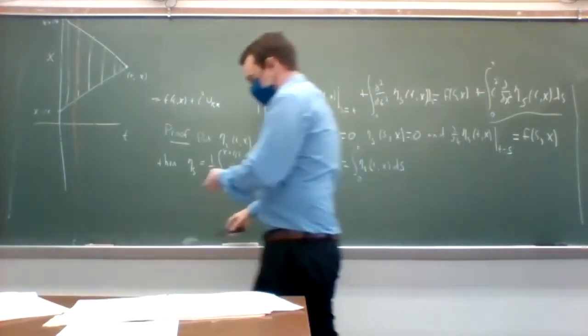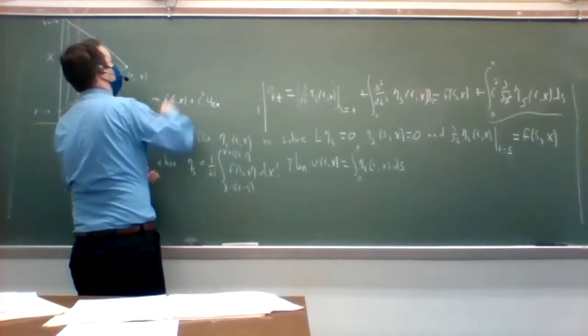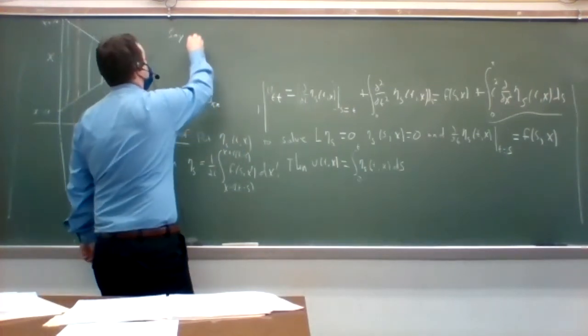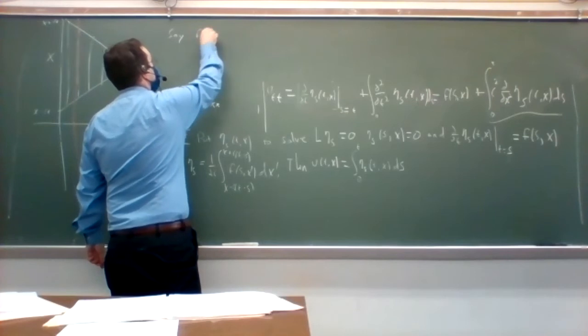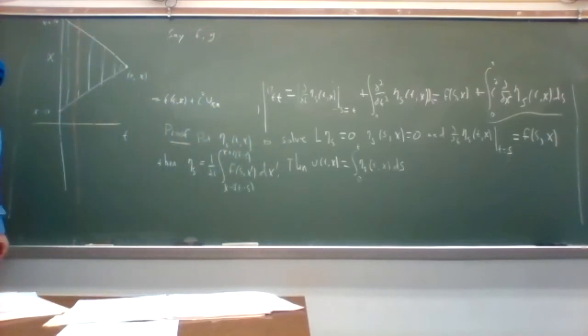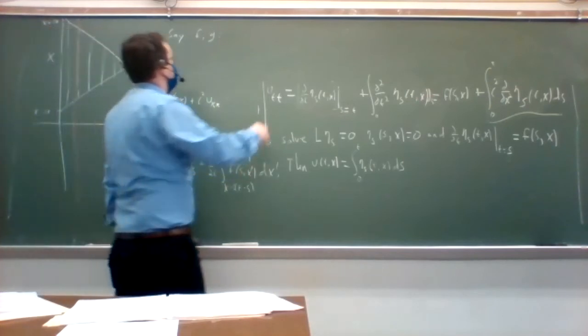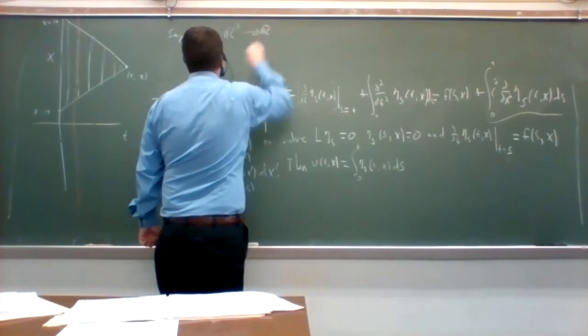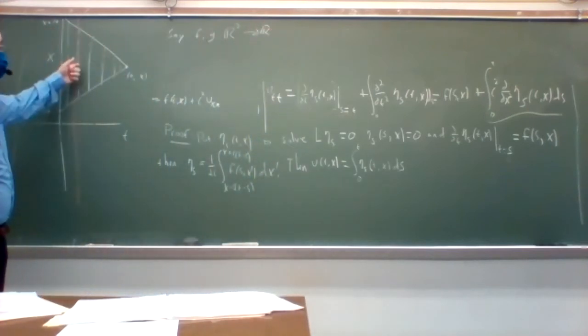So let me give you this little definition. Let's say f and g are functions, certainly integrable functions, from R2 to R. So think of them as functions on this xt plane.